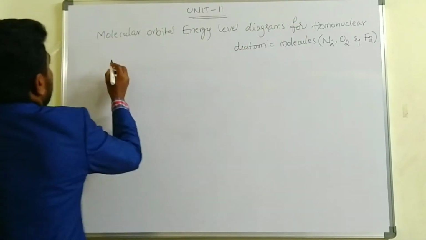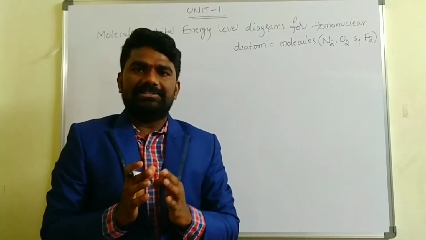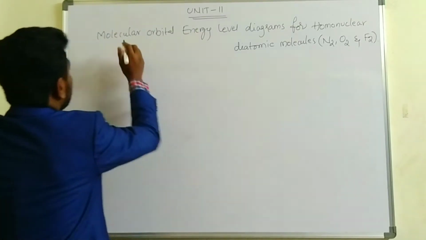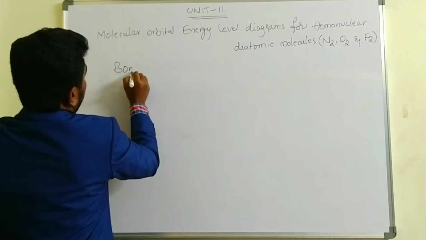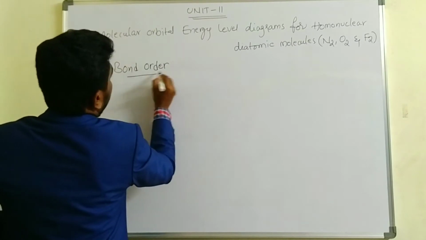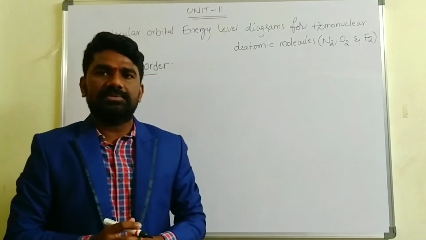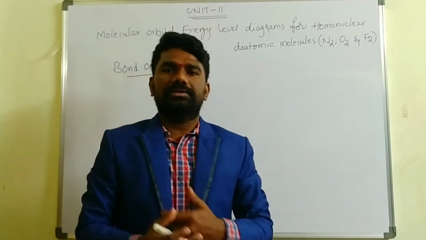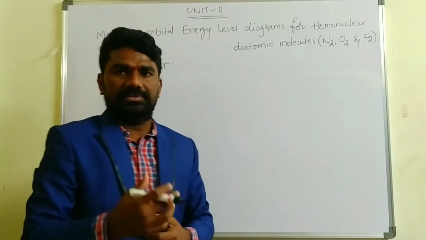After constructing the molecular orbital energy level diagram, we need to calculate the bond order of the molecule. Actually, we have discussed these things in the previous classes, at the intermediate level, but in this session I am going to give a brief idea.